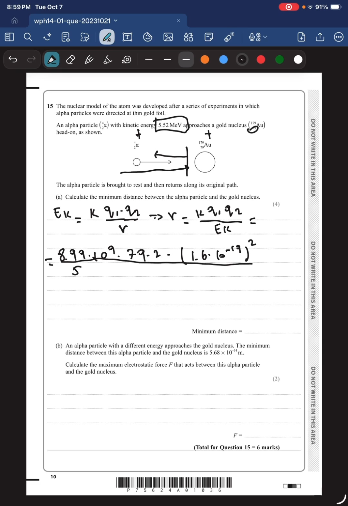How do we do that? So 5.52 MeV, times 10 to the 6 to convert to eV, and then 1 electron volt is 1.6 times 10 to the negative 19 joules.